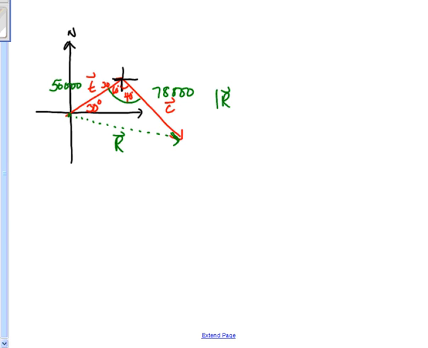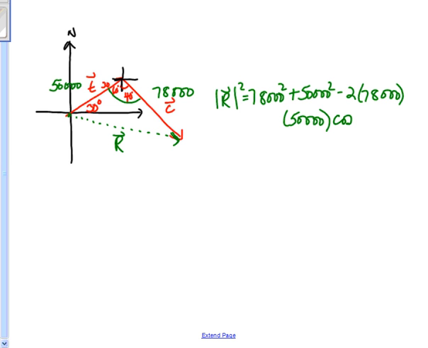To determine the resultant, I'm going to use the cosine law. 78,000 squared plus 50,000 squared minus 2 times each one of those, cosine 100 degrees.